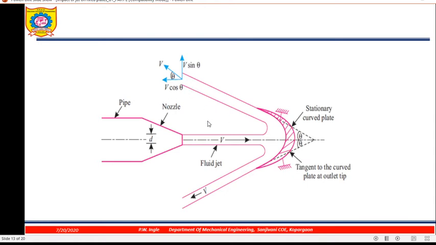This is very important. Now the initial velocity with which the jet strikes, before striking, is v. And final velocity will be, in x direction, v cos theta, in y direction, v sin theta. Again, this v cos theta will be minus. Why is it minus? Because it is in a direction opposite to the flow direction.